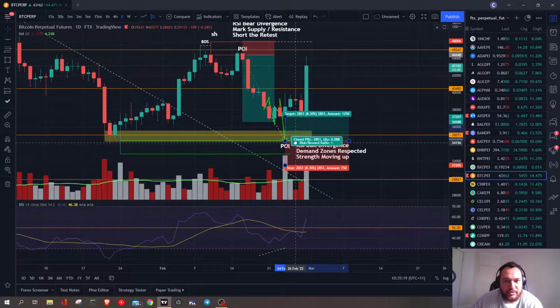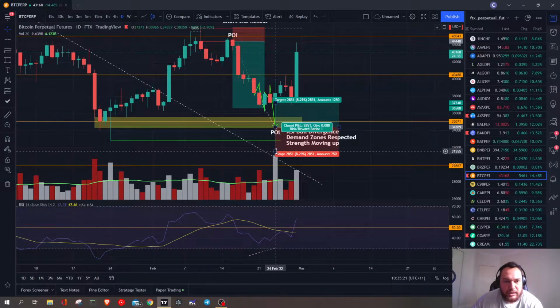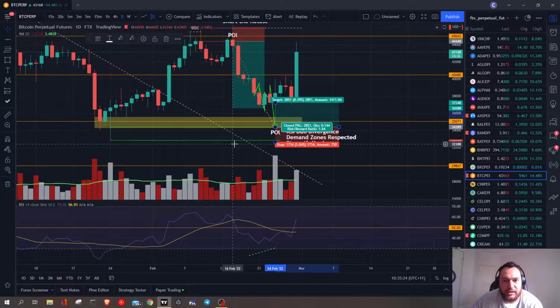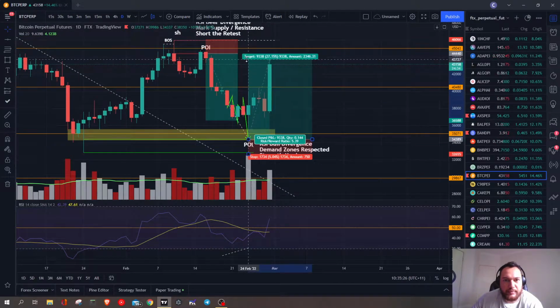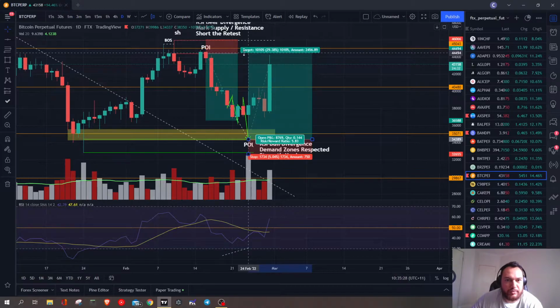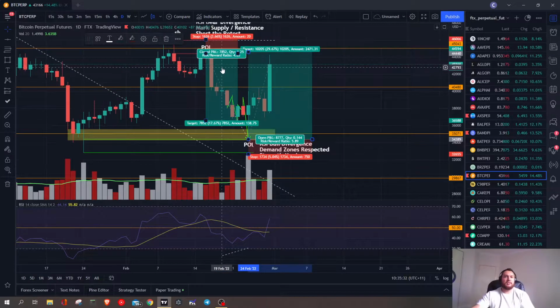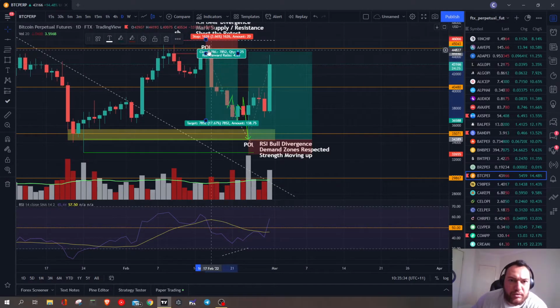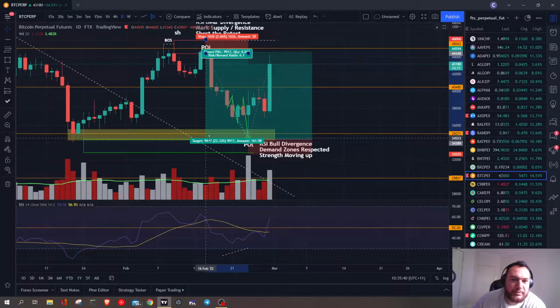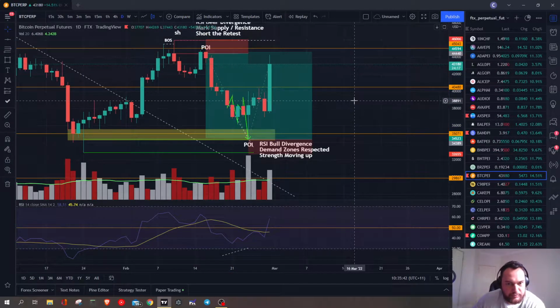So capturing demand, stop under the lowest low, and coming back up to the supply target, which is a big move, 29% there, and the total move for this one was 17%. Now back to demand, which is 22% there.